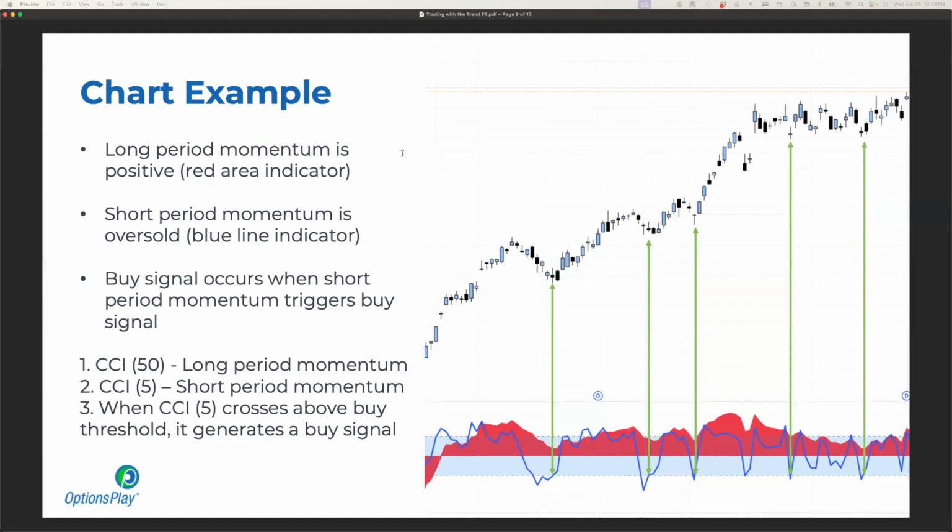Now, here's the thing: if you were to use just these three parameters, using the long period to identify a primary trend, using the short to identify the counter trend, and then using the short indicator to generate that buy signal, if you were to use only these three every single time, this strategy, unfortunately, doesn't perform that well. Okay, I just want to be very clear about that. If you only look at these three things and nothing else, it's not going to perform that well.